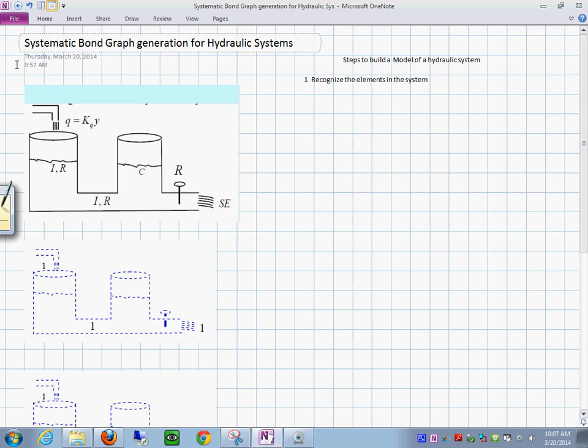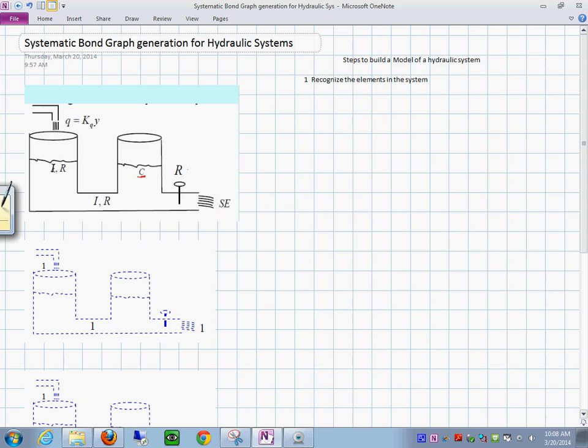So you take a look in here, you have this is a C element, which is the tank in here. This is the inertia and the resistance here, and we have an R element, which is this valve, and in here we're gonna have a pressure here, a source of flow in here.